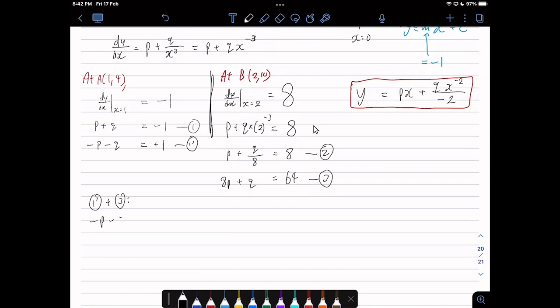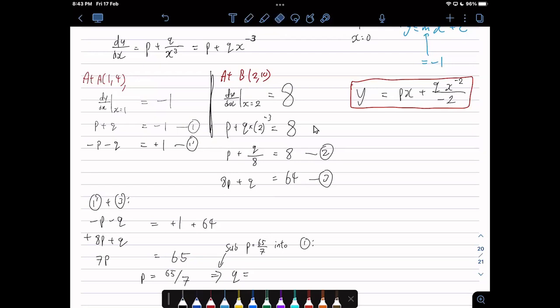This becomes -p minus q, add on 8p plus q on the left hand side, and for the right hand side, +1, add on 64. 7p equals 65. P equals 65 divided by 7. Sub p equals 65 over 7 into 1.